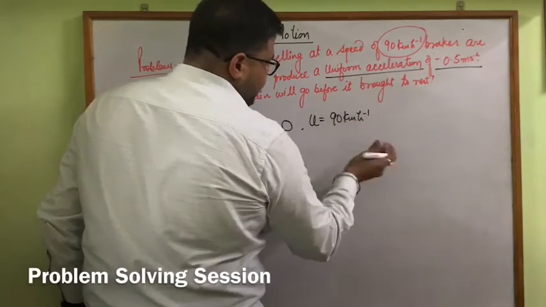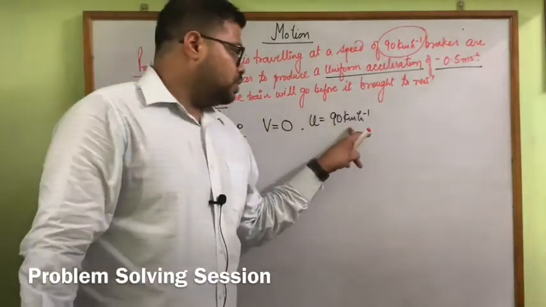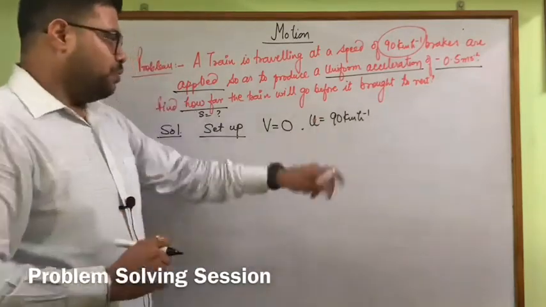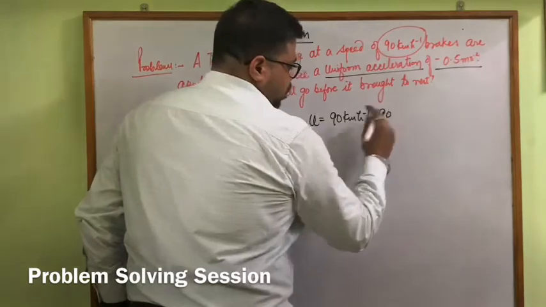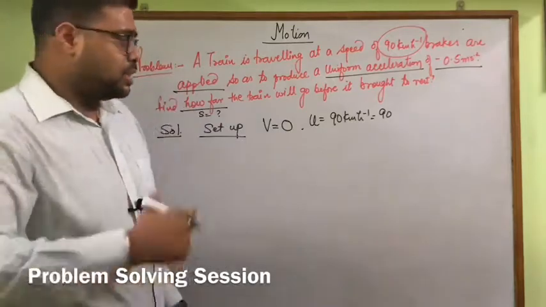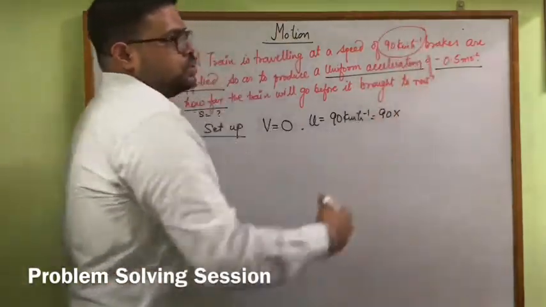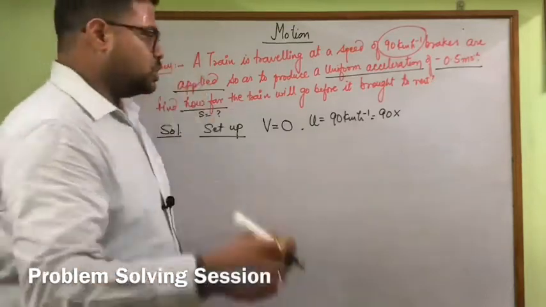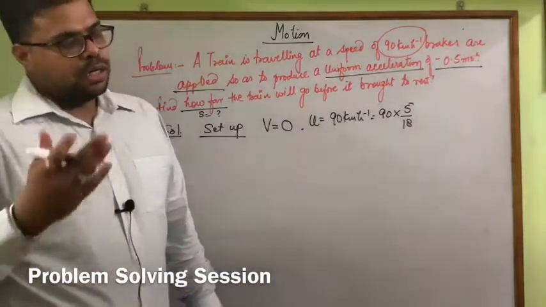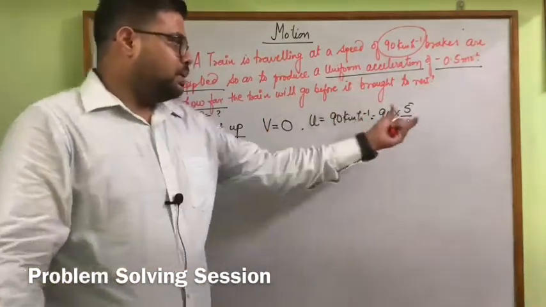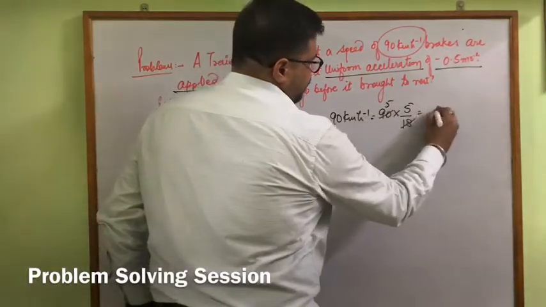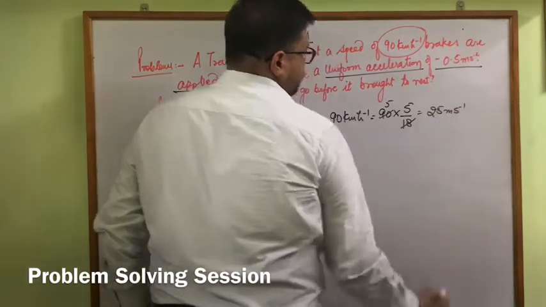As I already stated, in the setup, the initial velocity is not in SI form, so we have to convert. When we convert kilometers, multiply by 1000 and divide by 1 hour, which is 3600 seconds. Mathematically, 1000 over 3600 in shorter form is 5 by 18. So always remember, to convert kilometer per hour into meter per second, just multiply by the factor 5 by 18. 18 fives are 90, so it will be 25 meters per second.